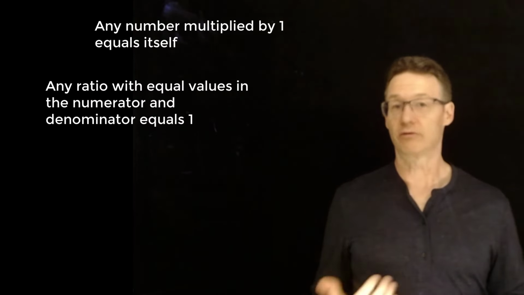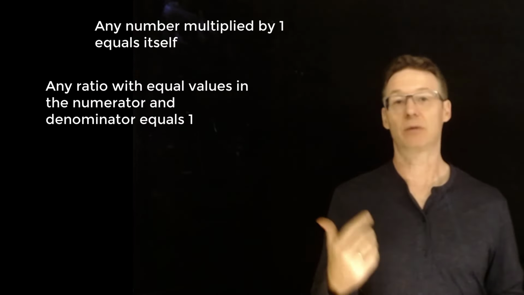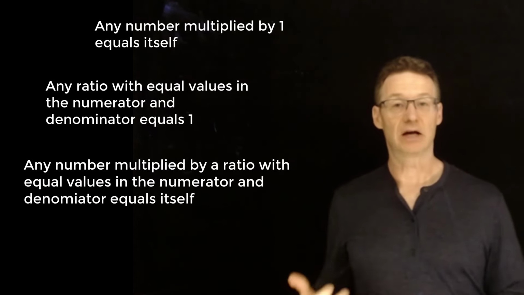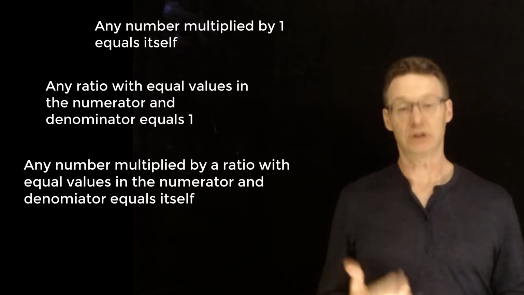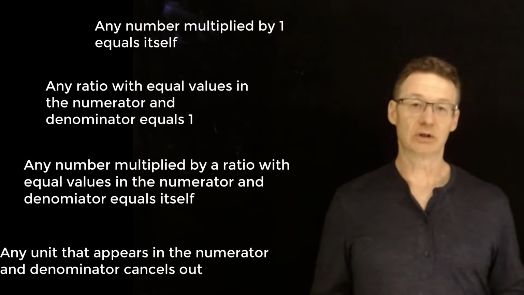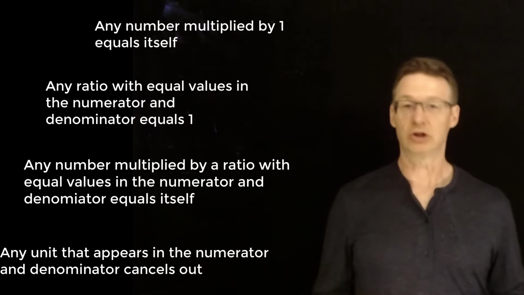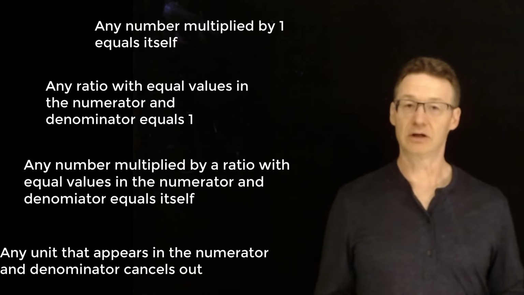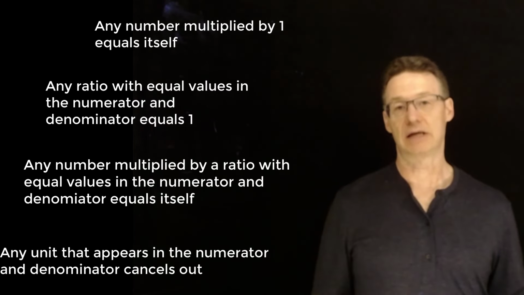Any ratio or fraction with the same value on the top and the bottom equals 1. Multiplying any value times a ratio with equal values on the top and bottom equals itself. And any unit that appears on the top and bottom of a ratio can be canceled out. We're going to use all these facts in the next videos as we start to tackle dimensional analysis problems.